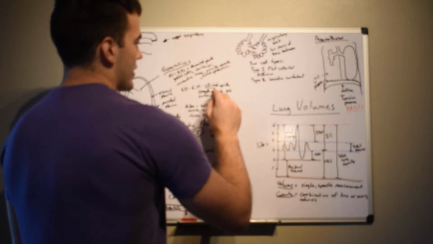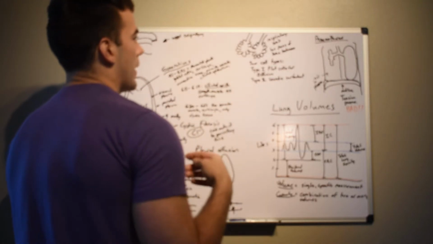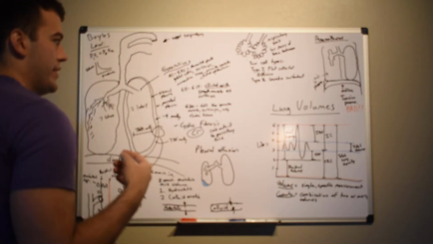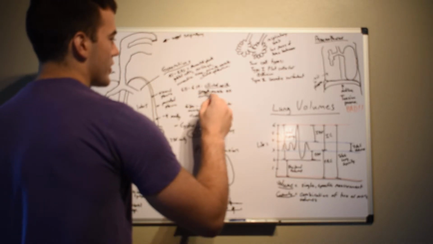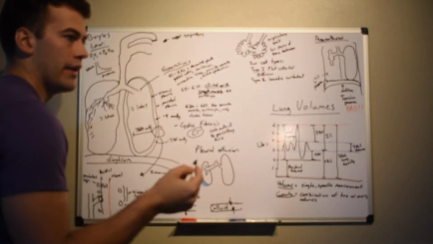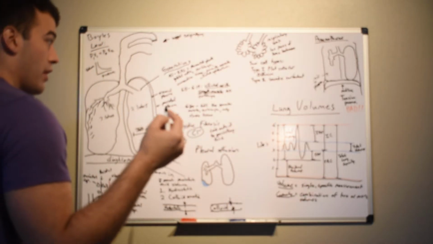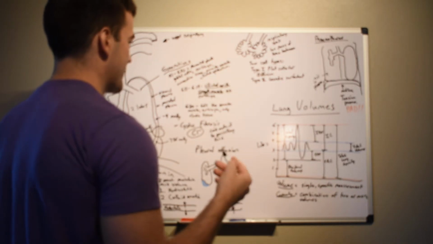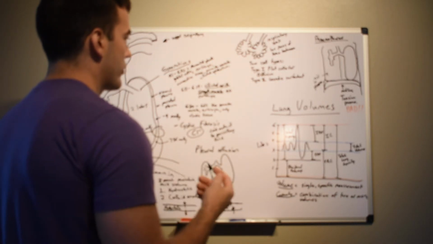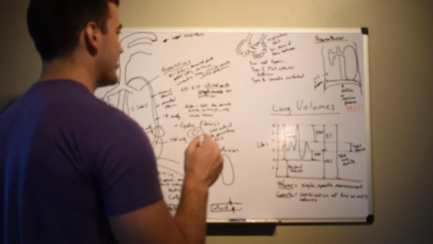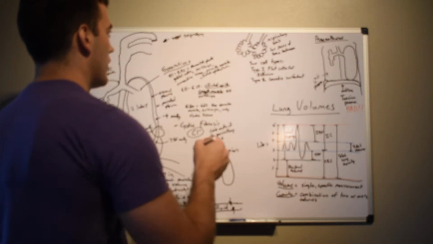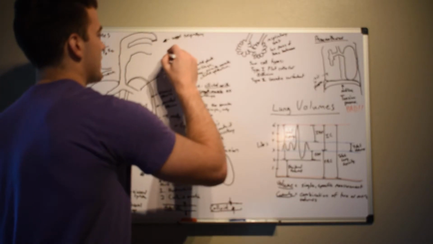Here we still have our ciliated epithelium, so we can still trap particulates and move them out. We don't have that cartilage, but we still have smooth muscle, so this can also play a role in anaphylaxis, by constricting our smooth muscle cells. It's worth noting, and I think it's high yield to know, that the first 16 generations are called the anatomical dead space.